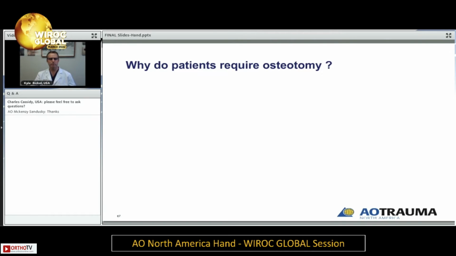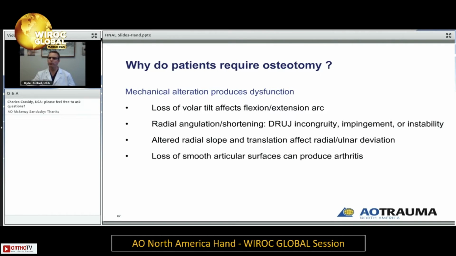Well, I think first it's important to understand why patients require osteotomy in the first place. First and foremost, there is mechanical alteration in the radial anatomy which produces dysfunction, and there are a number of features. We've heard about them a bit. Loss of volar tilt will affect the flexion extension arc of the wrist and the range of motion.